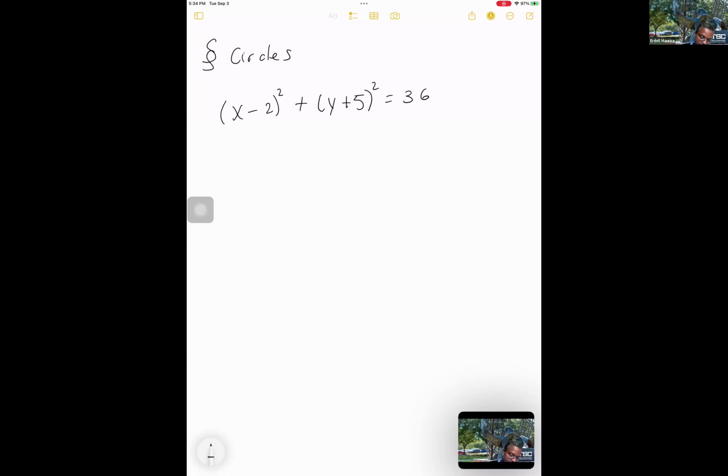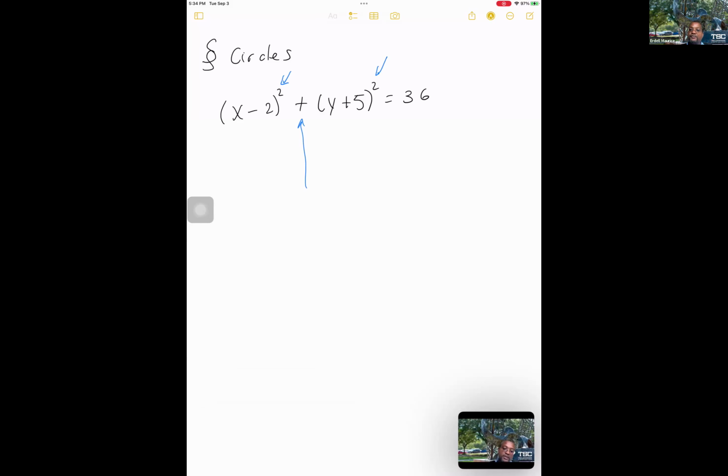First, we have a plus sign in the middle. You have two things being added together, and each of those is being raised to the second power. Once you have those basic elements, we have a circle.